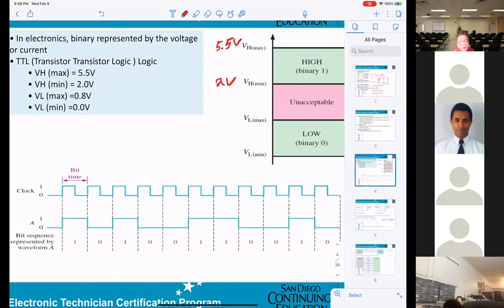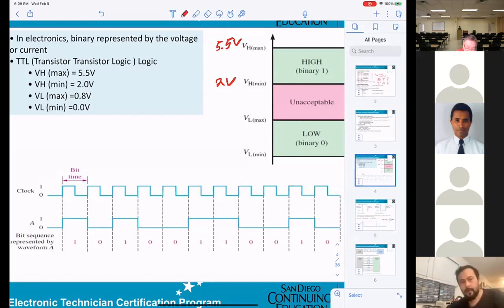That means when you're working on a circuitry and using the meter, when you measure 3 volts, it's logic 1. 5 volts, logic 1. 2.5, logic 1. The range from 2 volts up to 5.5 volts will be logic 1.